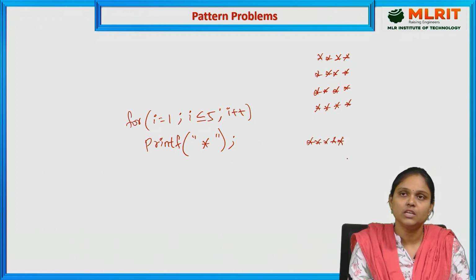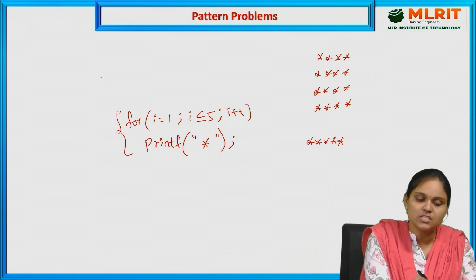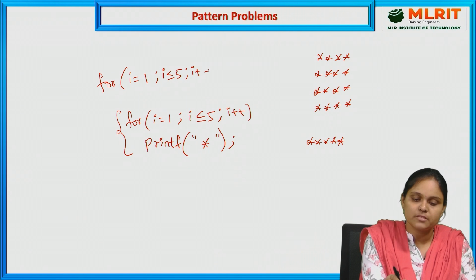Suppose the same 5 stars I want to repeat for 5 rows. At that time these statements we nest inside another for loop, that is for i equals 1 and i less than or equals 5 and i plus plus.